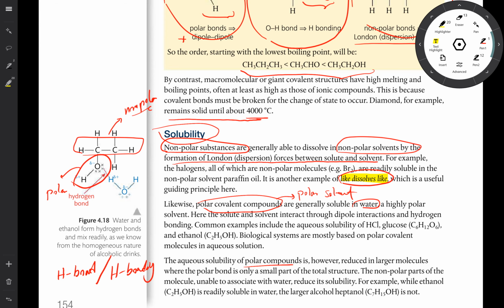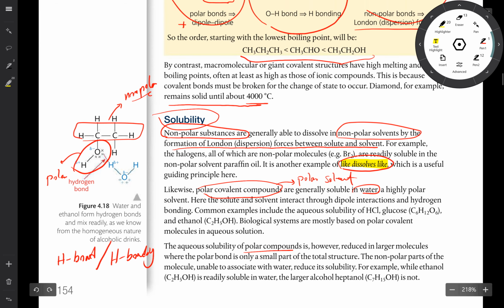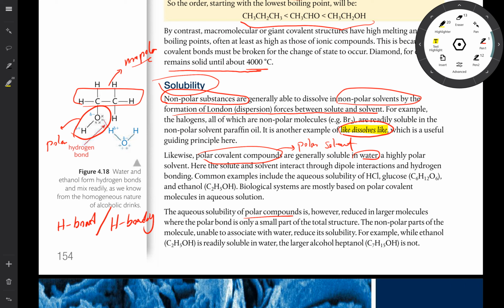But if you have an alcohol in which the hydrocarbon chain is very big, for example this heptanol, it has 1, 2, 3, 4, 5, 6, 7 carbons, and then it has OH. I don't put the hydrogens here, it has CH2, CH2, CH2, CH2, CH2, CH2, CH3.